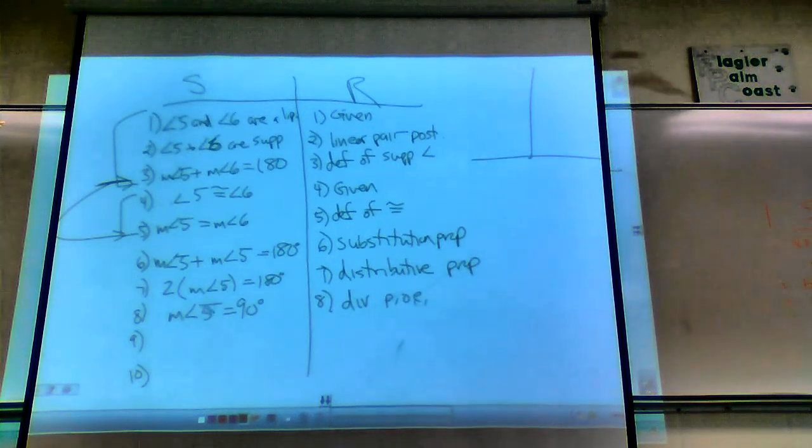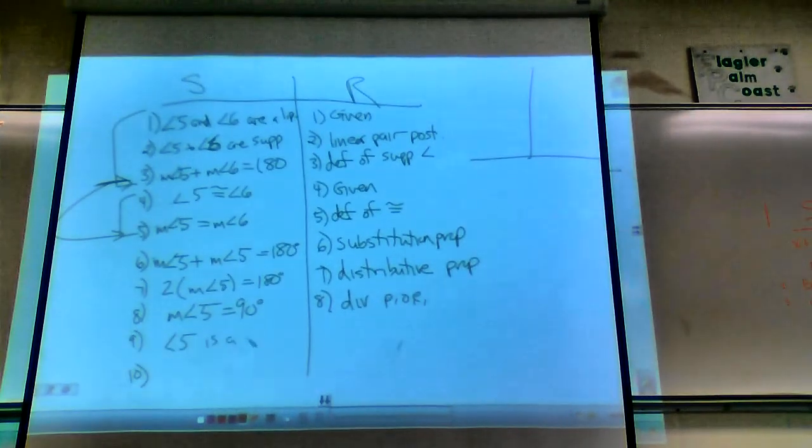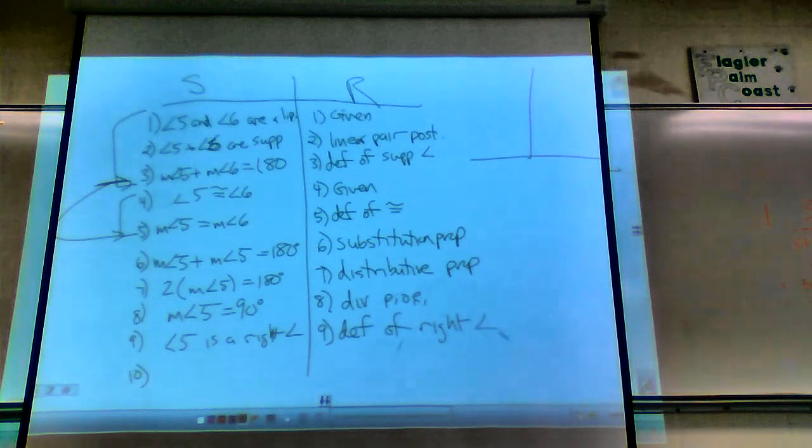All right, now once you're here, you go, okay, I've worked with my equation as much as I can. I've got it down to what the measure of one of those angles is. 90 degrees is a good thing because if it's 90 degrees, I can classify it as something else. So this would be angle 5 is a right angle. All right, again, I'm telling you it's a right angle, so anytime you tell someone what it is, or classify it, it's the definition of whatever that word is, term, right angle.